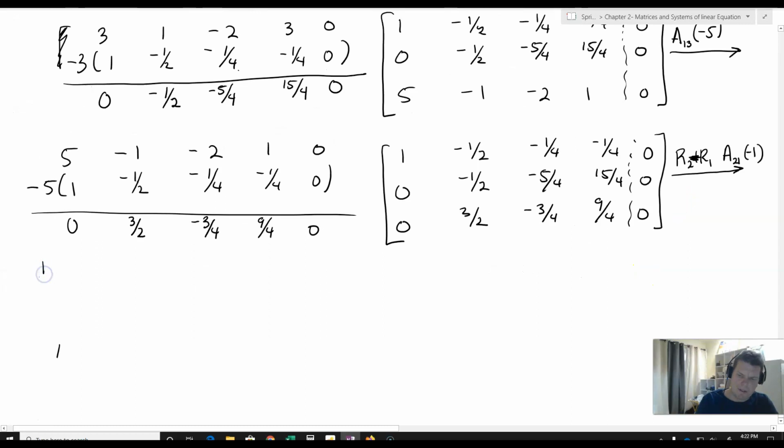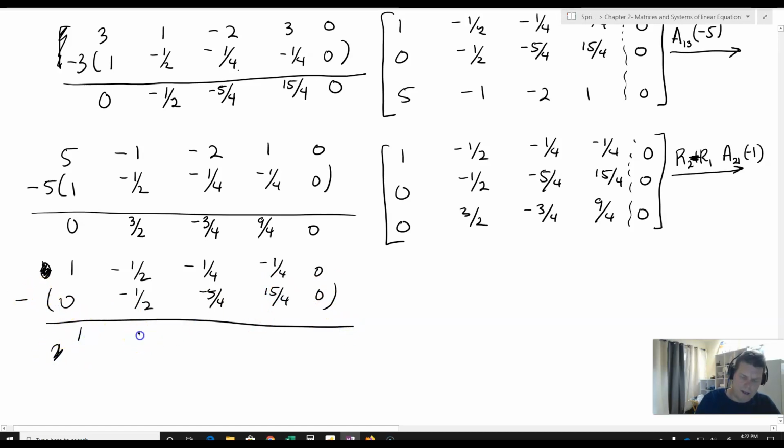What this will give us is 1, -1/2, -1/4, -1/4, 0, and 0, -1/2, -5/4, 15/4, 0, and we'll be subtracting the two of them, so we'll end up with 1, 0, +4/4, so 1, then -1/4 minus 16/4, so this is going to be -4 and 0.